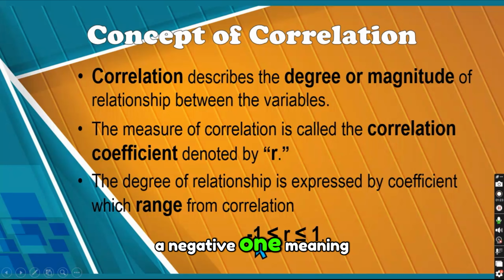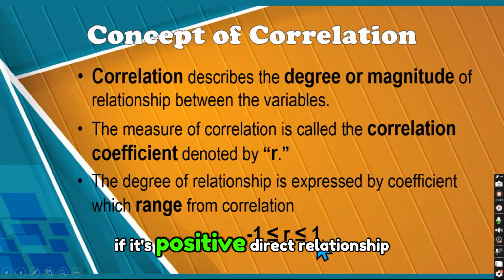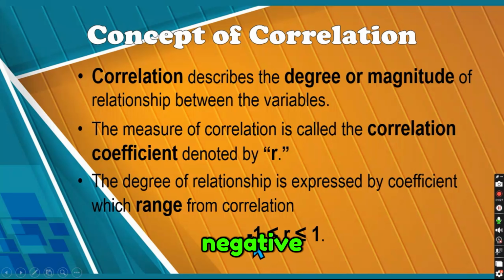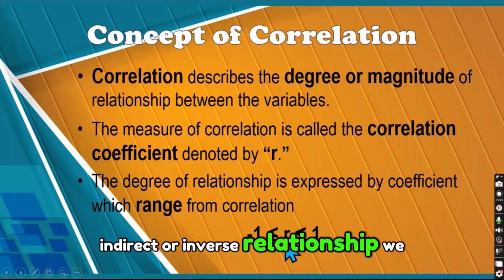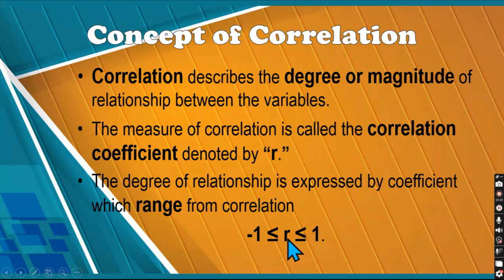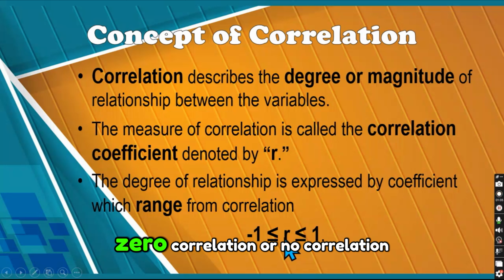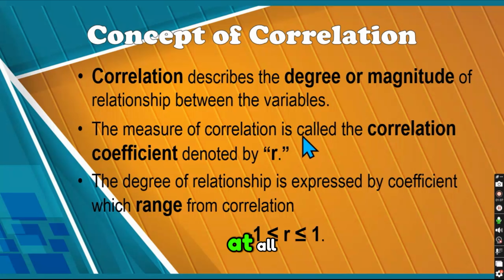If it's positive, it is a direct relationship; negative, an indirect or inverse relationship. We also have 0, that is zero correlation or no correlation at all.